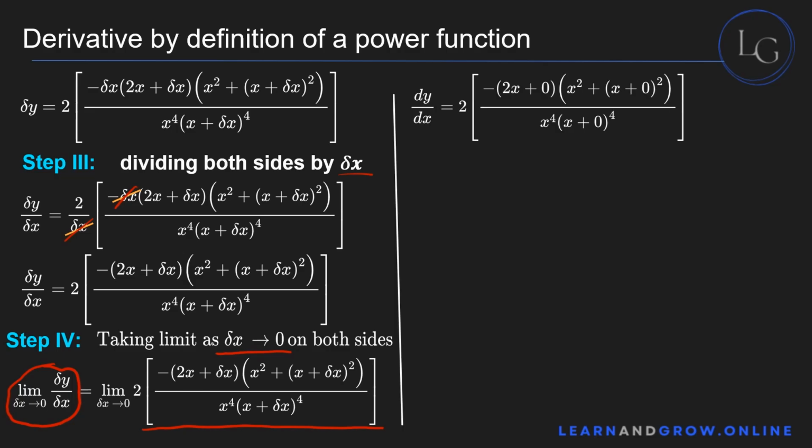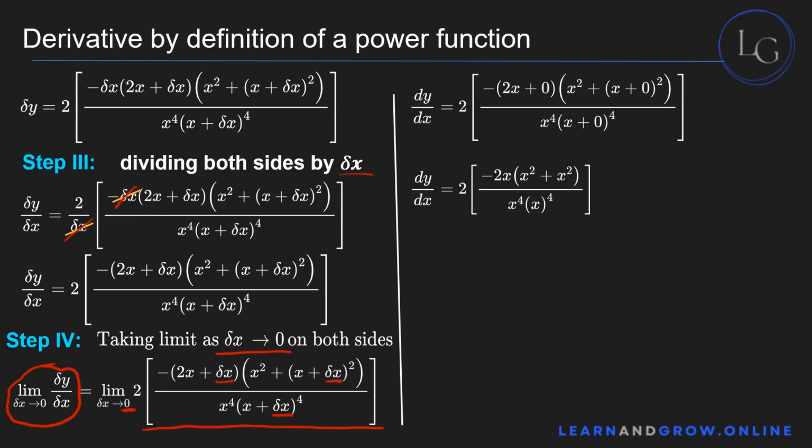And so when you do that, you'll replace every delta x term over here with 0. So this now becomes 2x plus this delta x becomes 0, and this delta x becomes 0 and this delta x becomes 0. So this is what you get as a result.